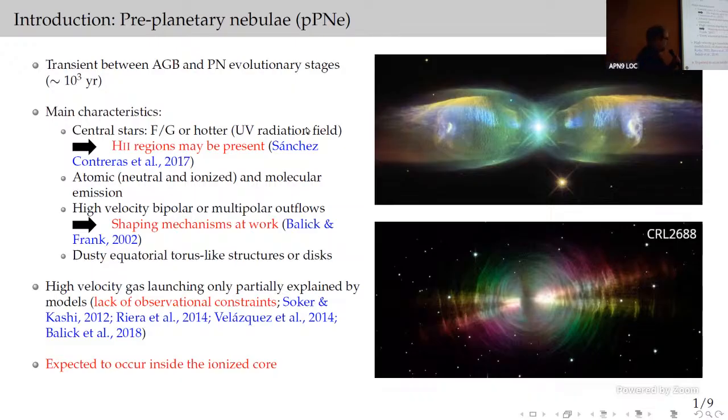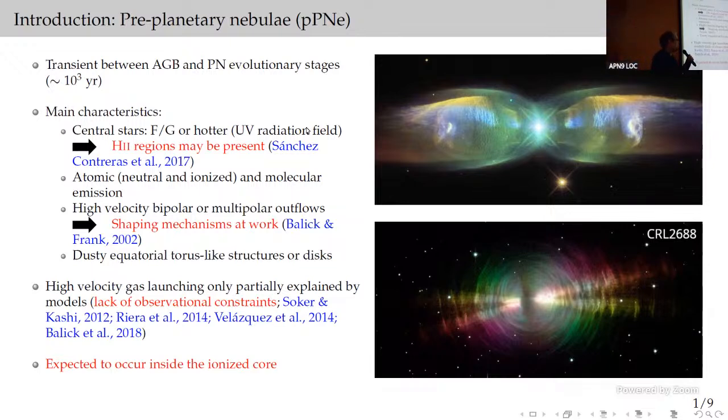In the middle of these objects there are supposed to be binary or multiple stellar systems that could have hot stars, with temperatures as high as 30,000 Kelvin. These stars are able to ionize the inner shells of the envelope, creating compact H II regions.